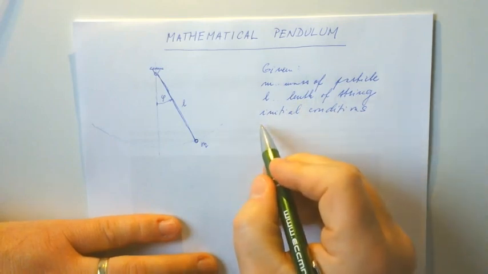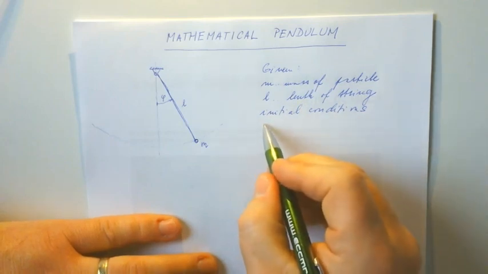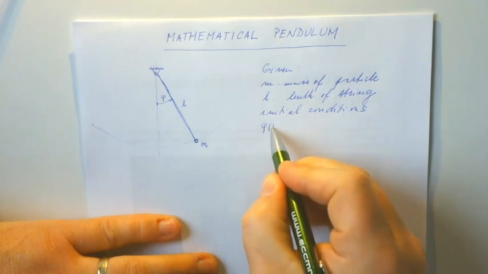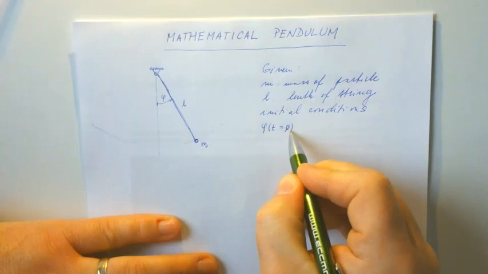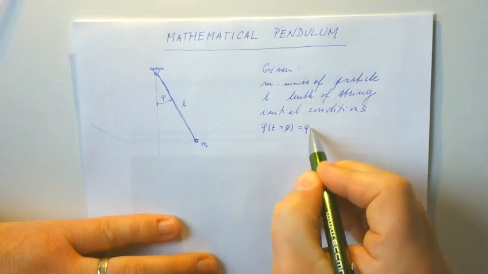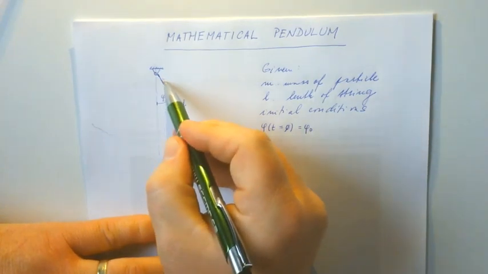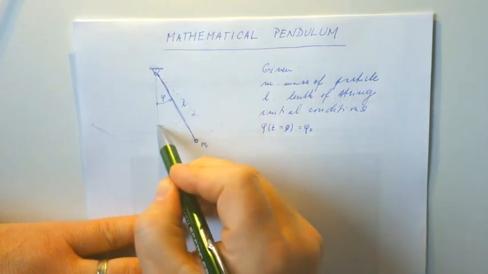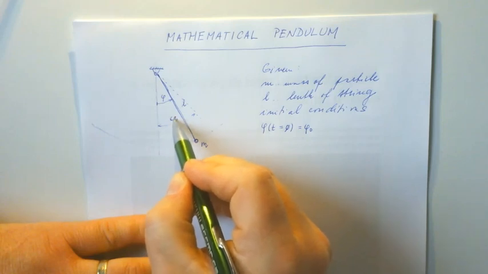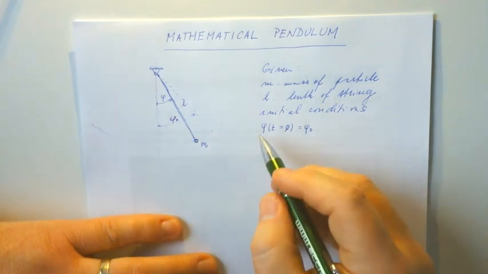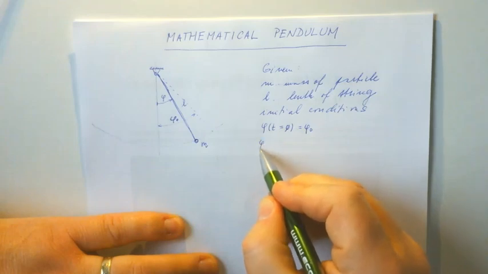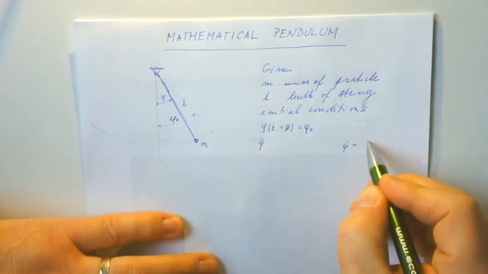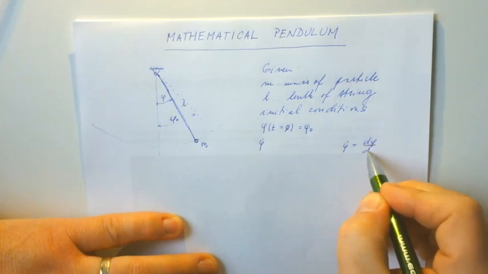First initial condition is for initial angle. So initial angle is an angle in time 0. Let's say this is phi 0. And second initial condition is for velocity, where angular velocity is a time derivative of phi.